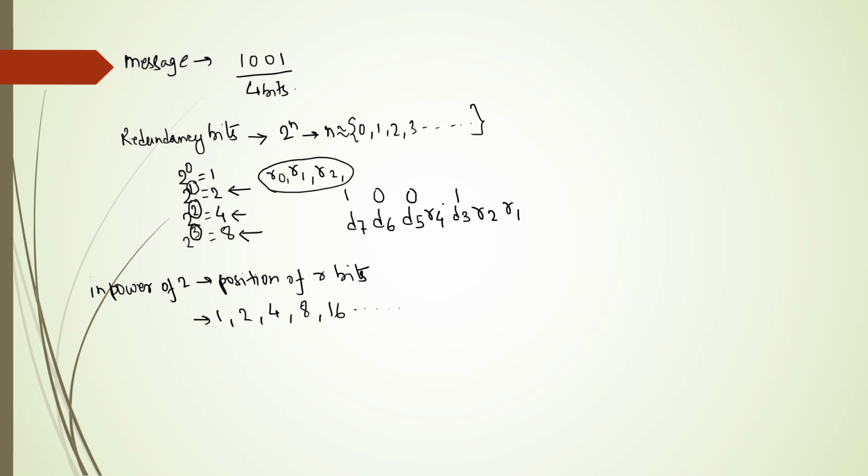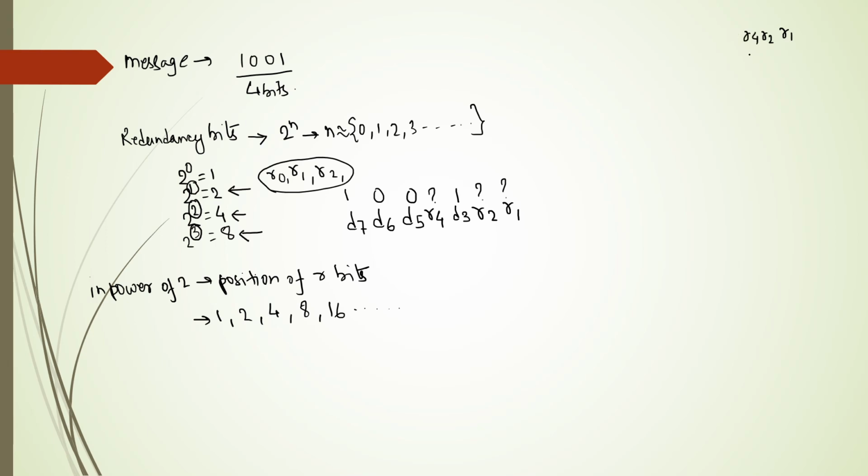Now we need to understand what's the value of R4, what's the value of R2, and what is the value of R1. To remember this, you can remember how to find out the position of R1, R2 and R4. You will not find this in a book. Suppose we are creating a truth table. We have 3 R bits: R1, R2, and R4.